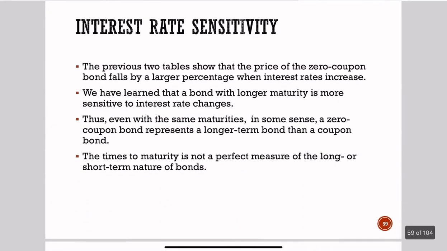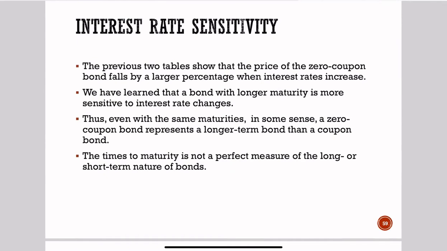So that's why we want to think about duration. Now, before formally defining duration, let's think why maturity is not the best measure to think how bond price will change if interest rate changes.